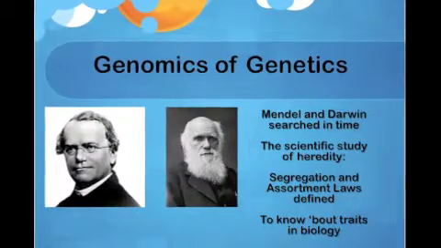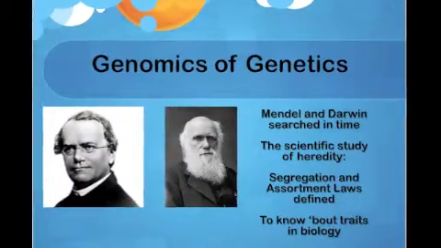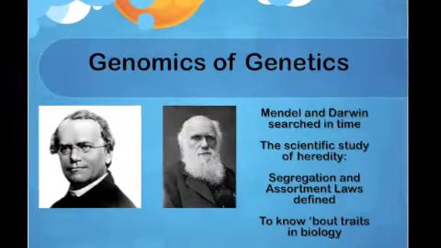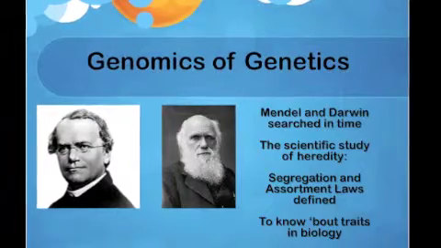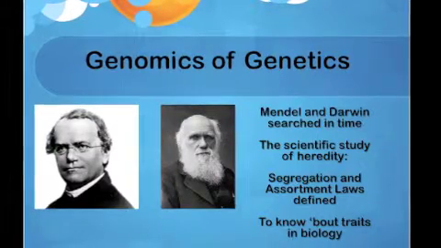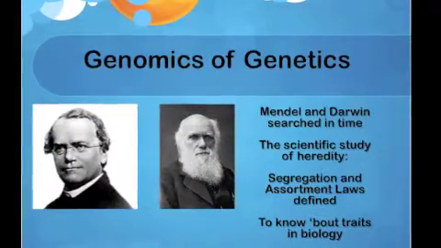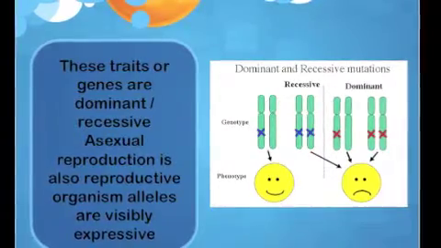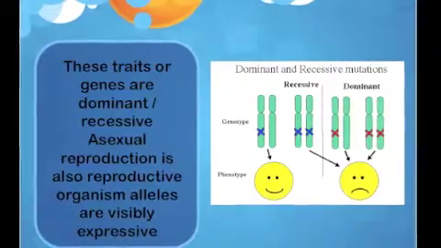Mendel and Darwin searched in time. The scientific study of heredity, segregation, and assortment laws defined to know about traits in biology. These traits or genes are dominant recessive.